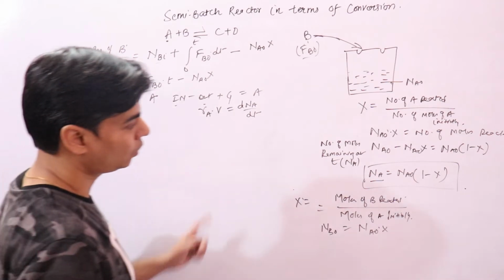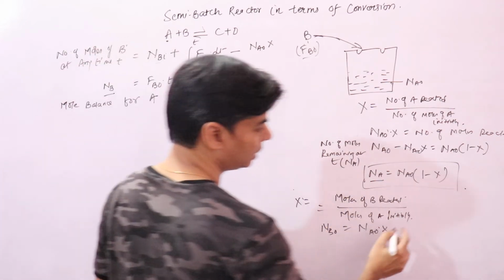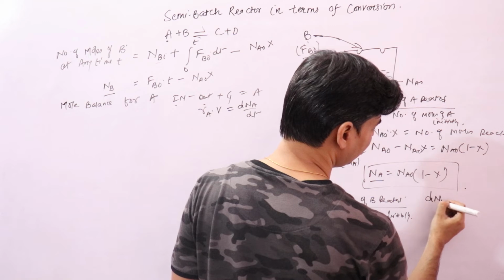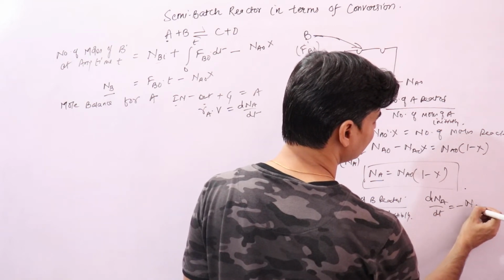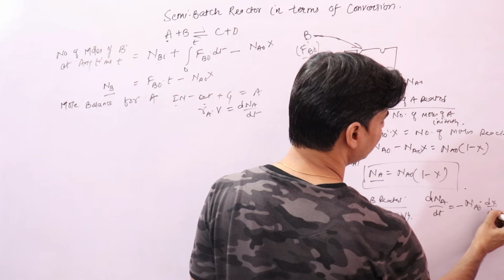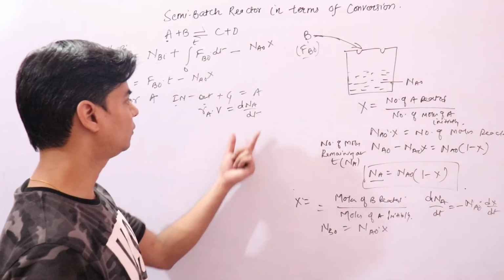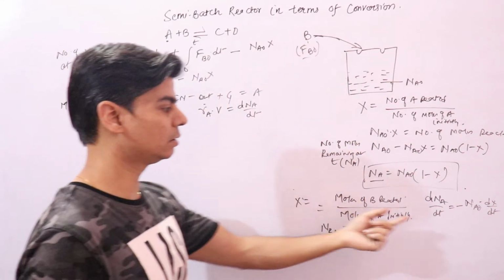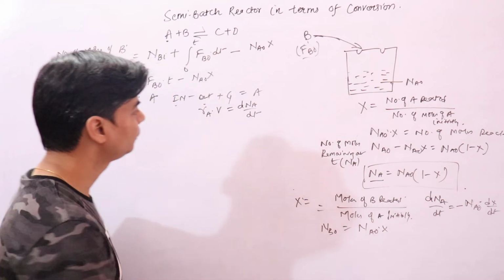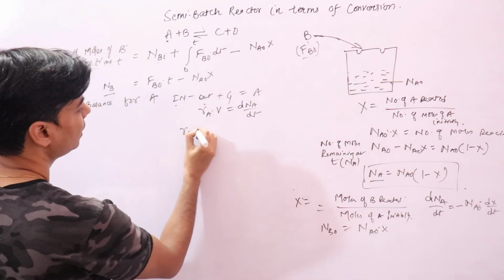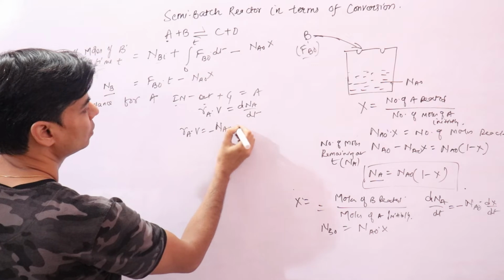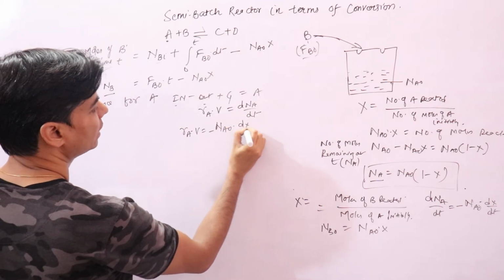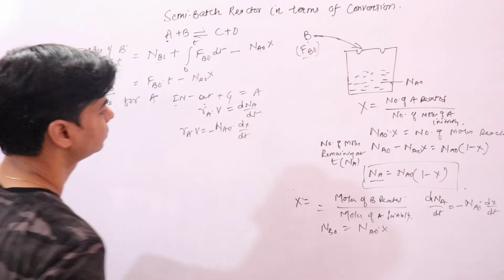right? Now dNA upon dt can be calculated from here. dNA upon dt would be minus Na0 dX upon dt, right? Now we have got dNA upon dt in terms of conversion from this equation. So it would be RA V is equal to minus Na0 dX upon dt, right?